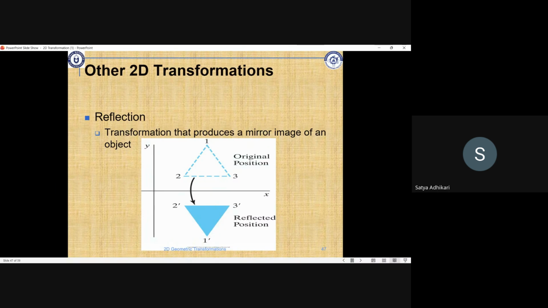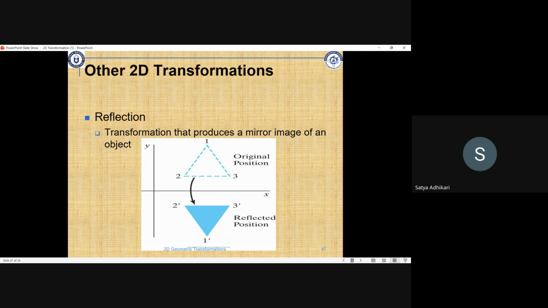A transformation that produces a mirror image of an object is known as reflection. You see here the x-axis and y-axis. There is a triangle, its original position represented by a dotted line. If you put a mirror on the x-axis, you will get that image. 1 dash, 2 dash, 3 dash is the reflection image of the object 1, 2, 3.